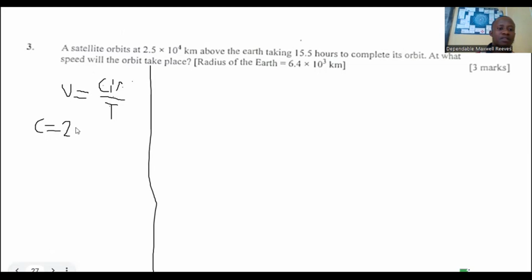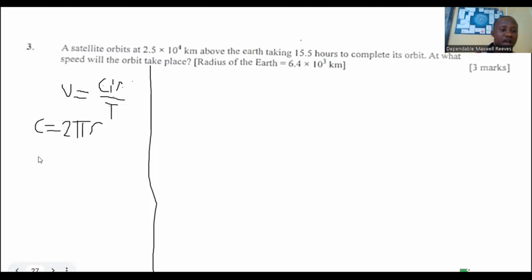So we replace C with 2 pi times r. Now, r in this equation represents the total orbit radius.